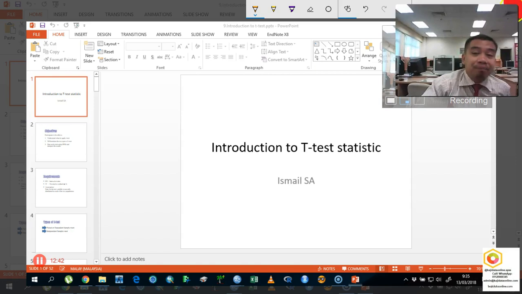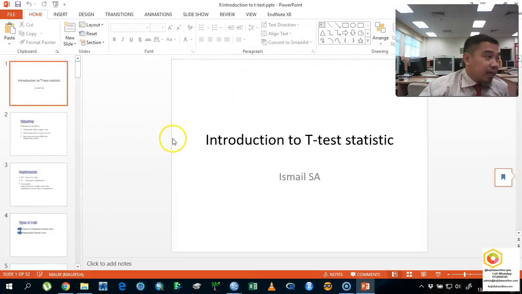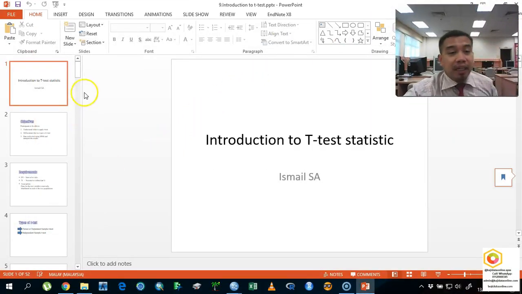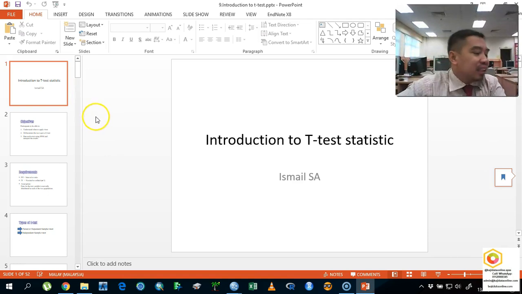So far so good? You understand already, right? This is the T-test. The T-test has many options. We have 3 different types of T-test. The first one we call the one sample T-test.